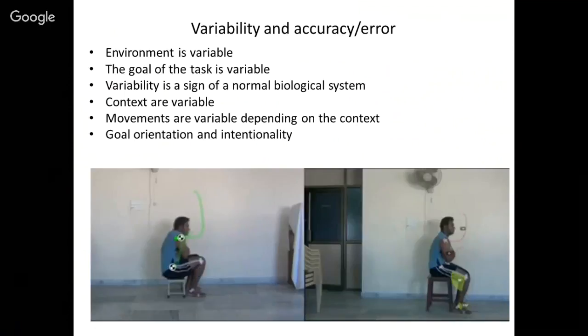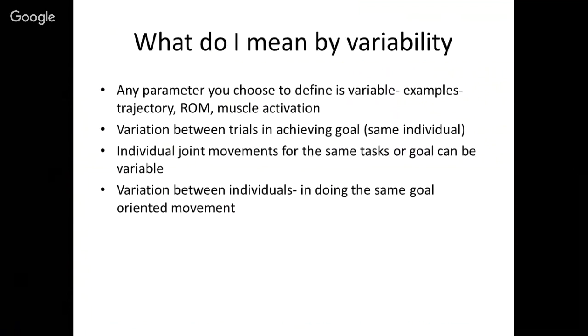So one of the key features of a biological system is the variability, depending on what you want to do, depending on the environment you are working in. So in terms of variability, you want to understand what things will be variable in the biological system.